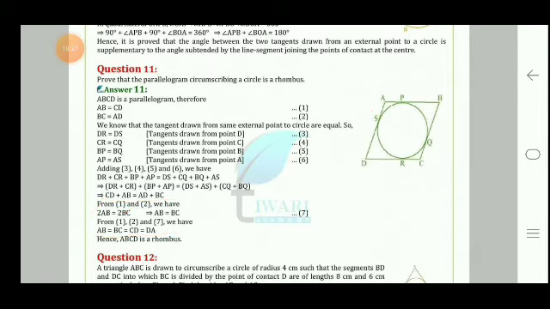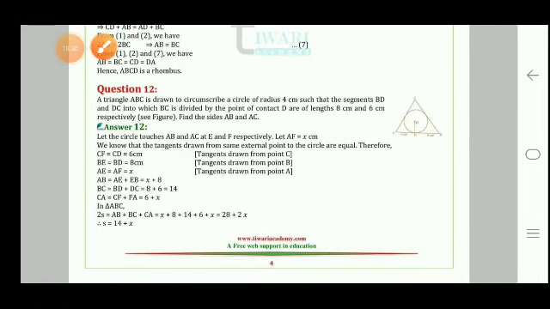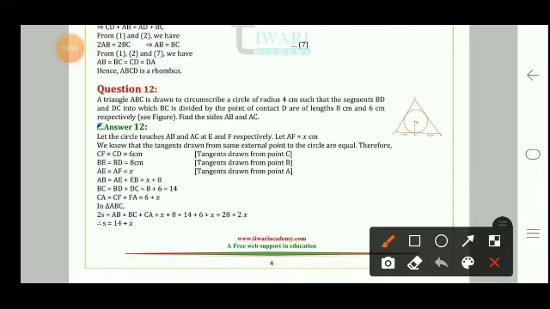Then moving towards question number 12, again a good question. Looking at this question very carefully: ABC is a triangle drawn to circumscribe a circle of radius 4 such that the segments BD and DC, into which BC is divided by the point of contact D, are given.